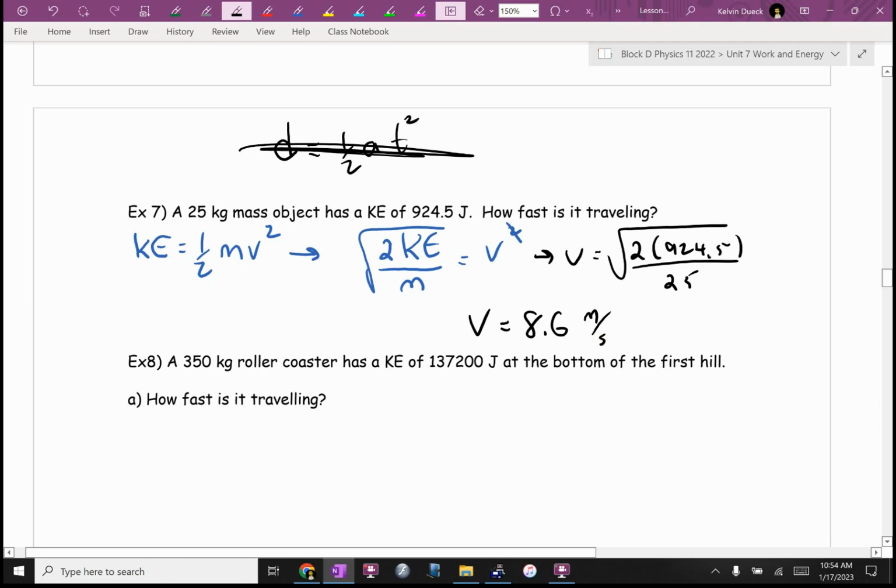Not on the test, but just for nerd trivia. Is that fast? How many kilometers per hour is that? It's going to be something to do with the 3.6. 30. So you know what? That's school zone speed. Probably faster than most of you could run, but Usain Bolt is running 100 meters in less than 10 seconds.